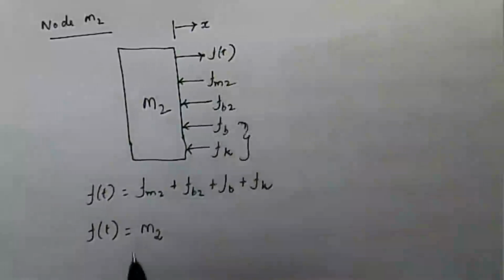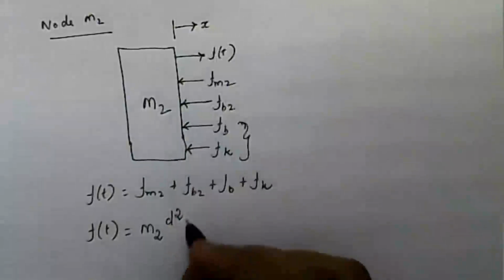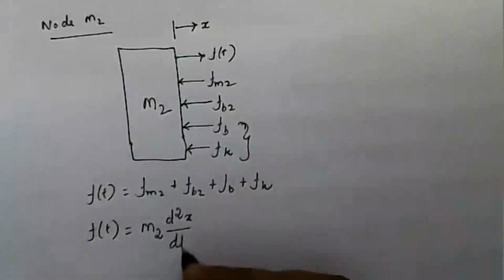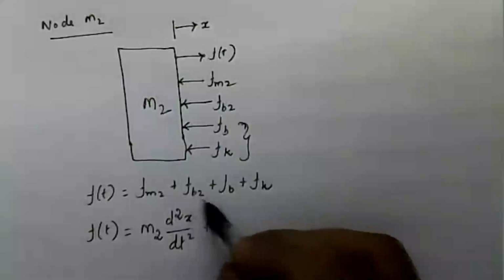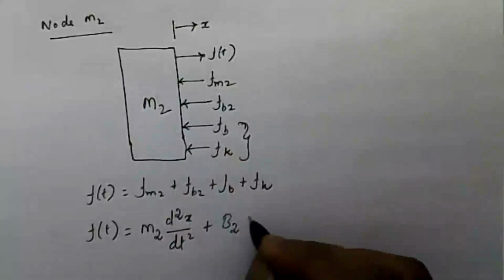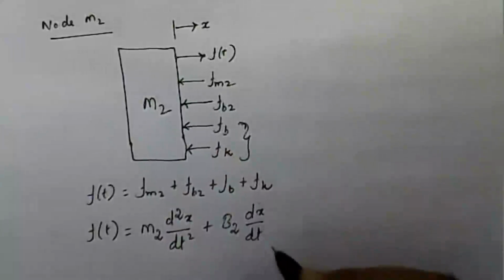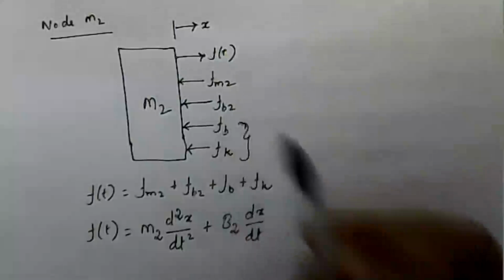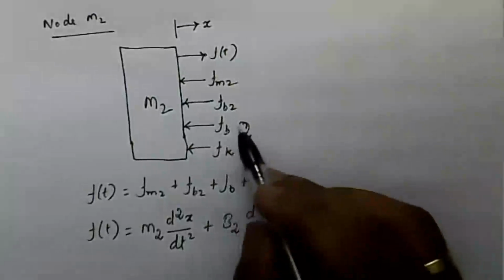Here the proportionality constant is mass m2 into d square x divided by dt square, with displacement x. Acceleration is a second order differential. Then b2 into dx divided by dt. The force acting on the damper element is directly proportional to velocity, dx divided by dt. Then these two are common elements.